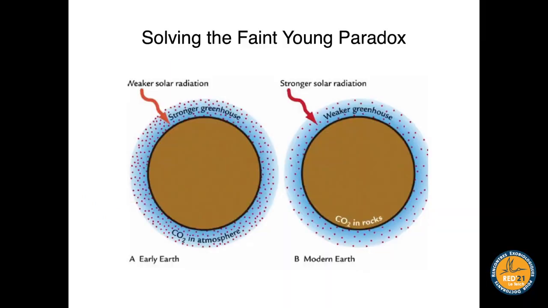So how do we solve the Faint Young Sun paradox? Even if we cannot really predict what the surface temperature was, we know that it was somewhere between 0 and 70 degrees Celsius, or 30 degrees, during the Precambrian. So for that, we need to have a greenhouse effect.